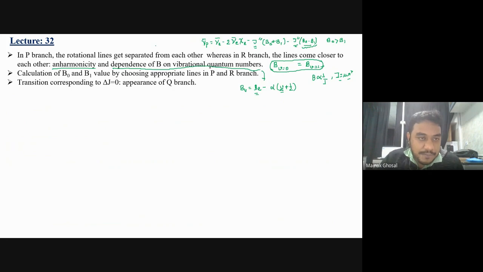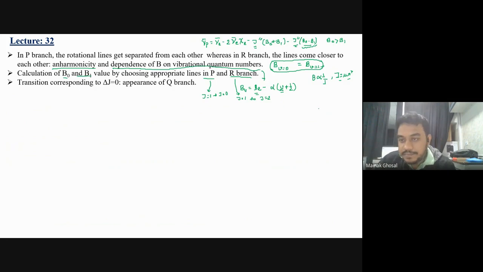Now there was a calculation of B0 and B1. How was this calculated? This was calculated using the proper lines in the P and R branch. It was shown that if something in the P branch happens from J equals 1 to J equals 0, the same thing in the R branch will happen from J equals 1 to J equals 2, to satisfy this condition of delta J. So the two ground states will be equal, but the excited states are different, and you know how to calculate the difference between these two B lines.